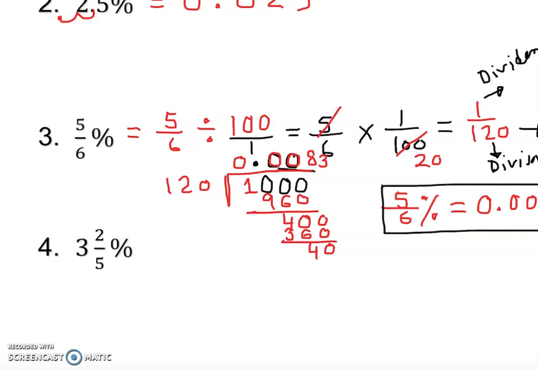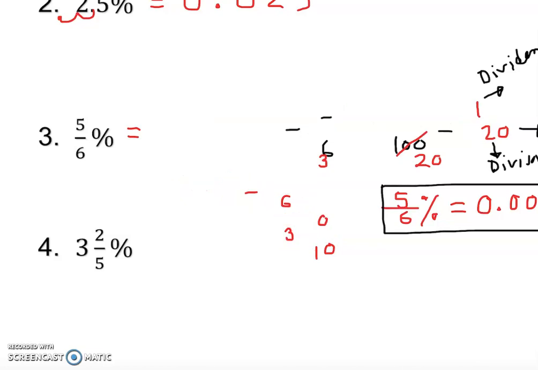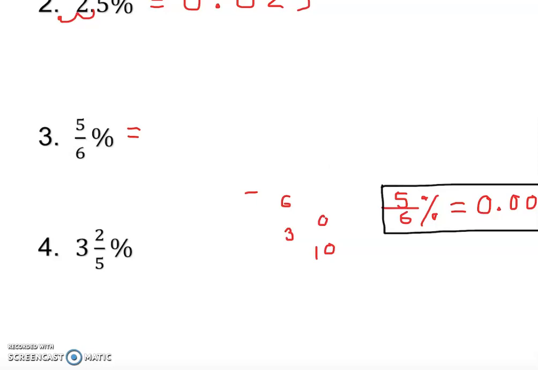Now some of you can convert 5 over 6 first to a decimal. Let me show you whether that would be okay or not. I'm going to erase this. I think you have it already. Then let's see if the other way is easier or not.